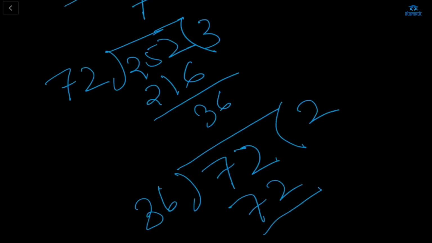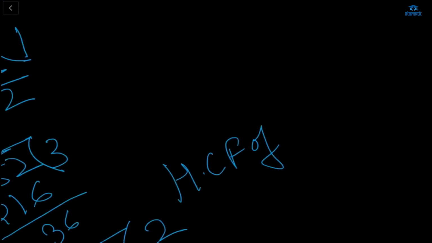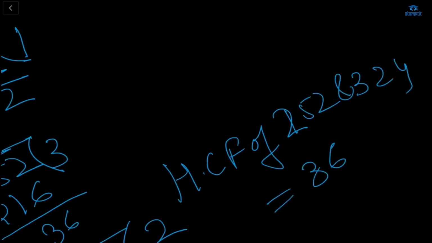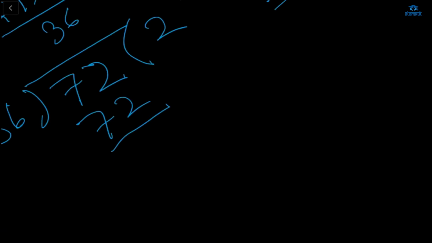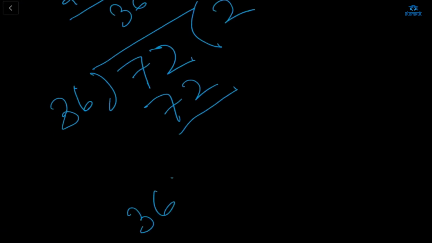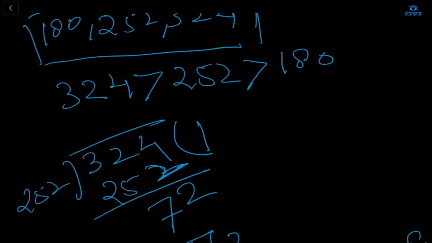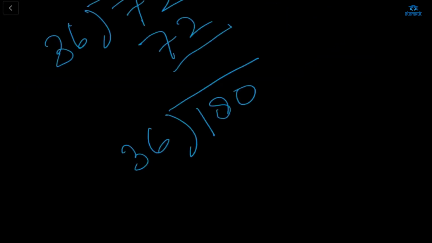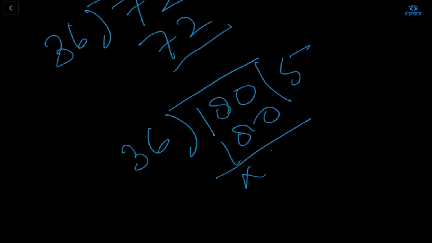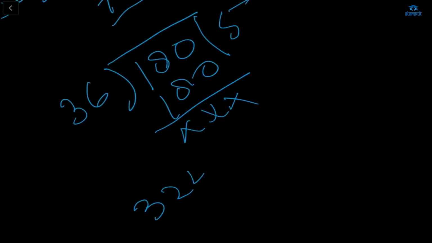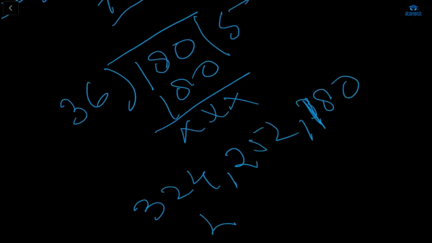So the HCF of the two numbers 252 and 324 is 36. Now you apply Euclid's division algorithm on 36 and the remaining number, 180. 36 multiplied by 5 gives you 180. So the HCF of 324, 252, and 180 is 36.